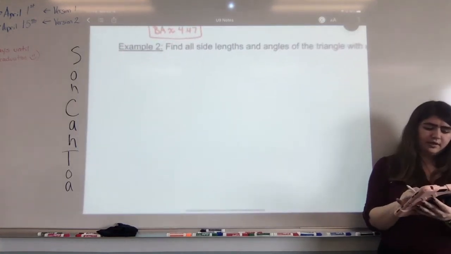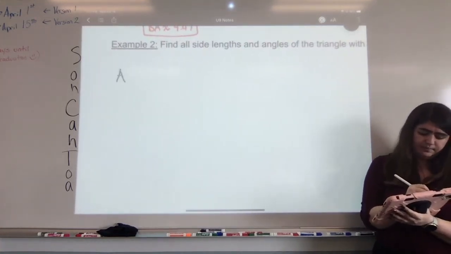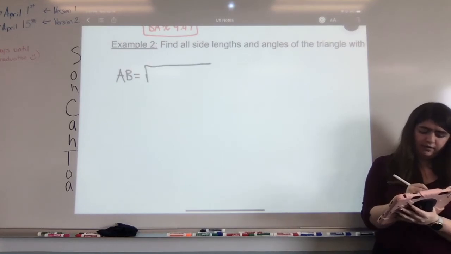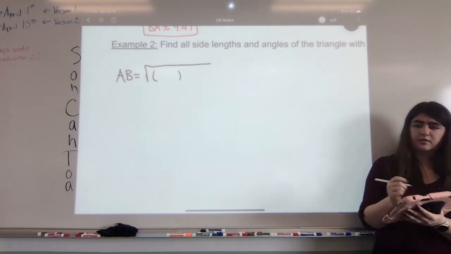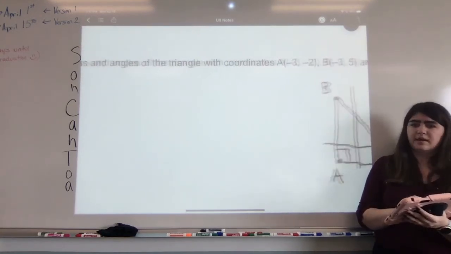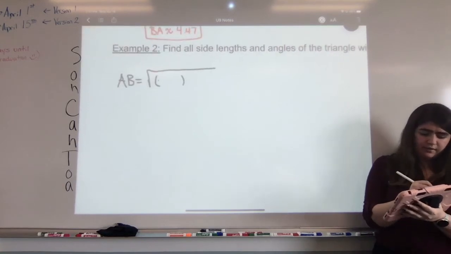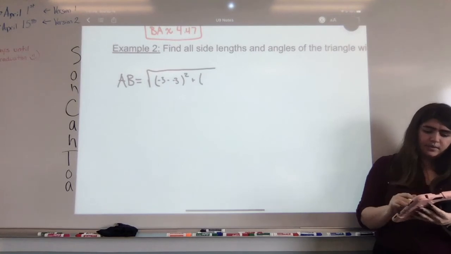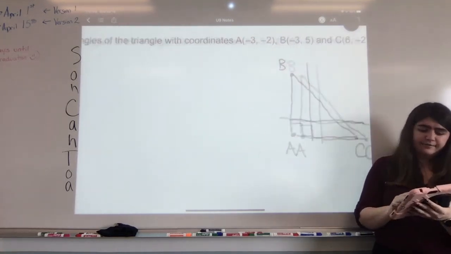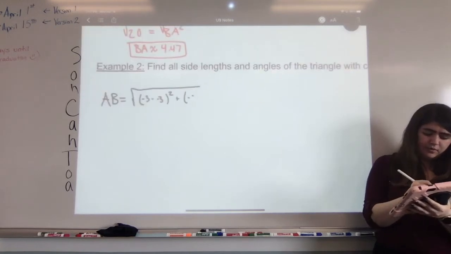So what that looks like for us, that would be AB is equal to the square root of my x's subtracting each other. So A was -3, B was -3, so I have -3 minus -3 squared plus my y's, -2 and 5, -2 minus 5 squared.